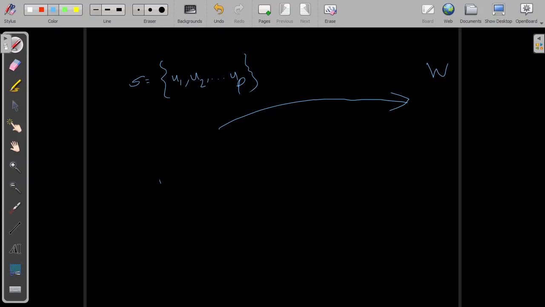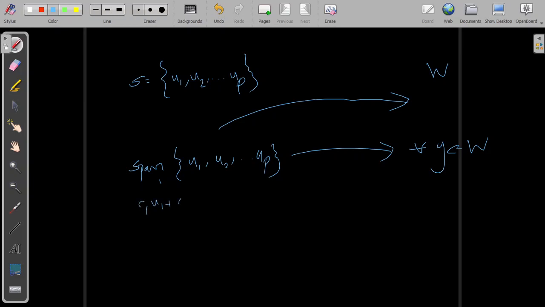That means the span of the set u1, u2, etc. up will result in a y which belongs to W. For every y belonging to the subspace W, we have a linear combination, that is c1 u1 plus c2 u2 plus etc. cp up, that will result in a y which belongs to W. That is the basis.